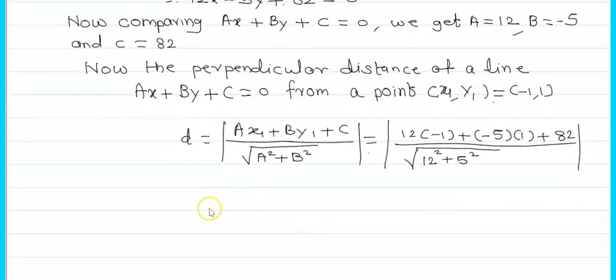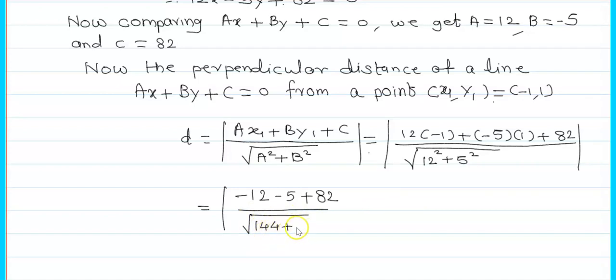Now the simplification, 12 into -1, this is -12, next is -5 plus 82, and this whole divided by 12 square, 144 plus 25.